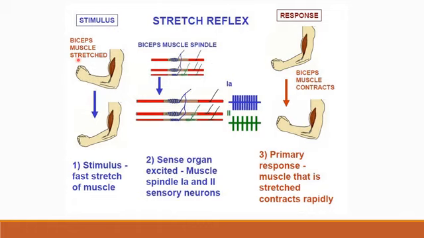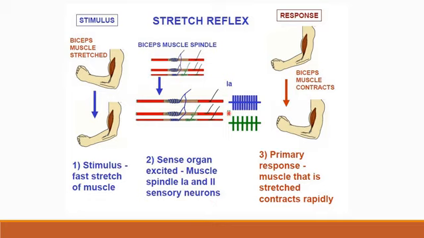In the pictorial form, you can see here the biceps muscle, which is stretched. That is the stimulus, a fast stretch of the muscle. The biceps muscle spindle, the sense organ, is excited. 1A and 2 sensory neurons are activated.